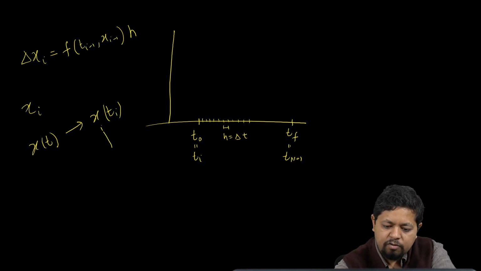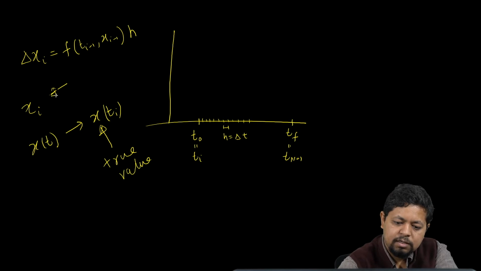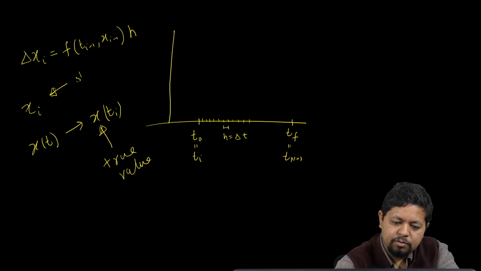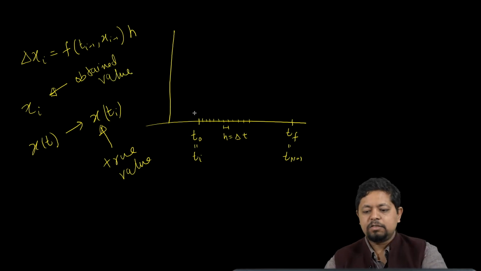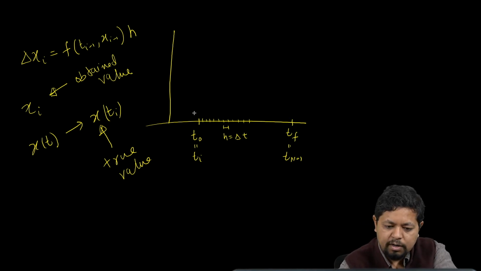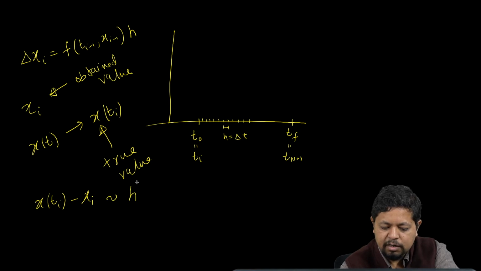This is the true value of x from the solution, and this is the numerically obtained value of xi. Since we are making increments of step size h, our accuracy will be h, therefore the error will be order h square. So, I expect that x of ti minus xi should be order h square.